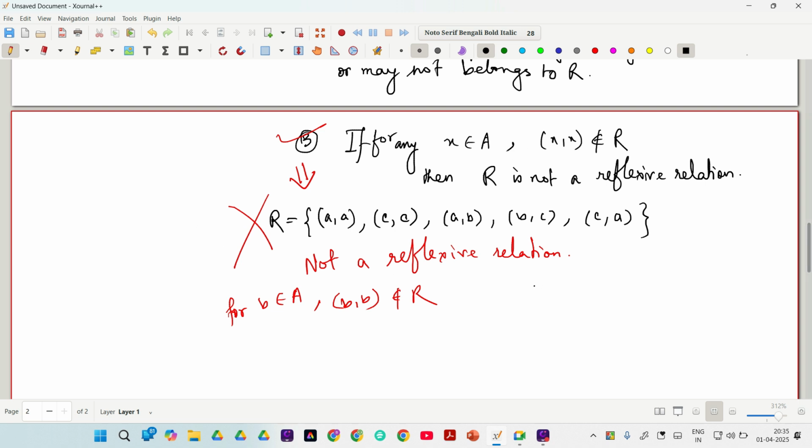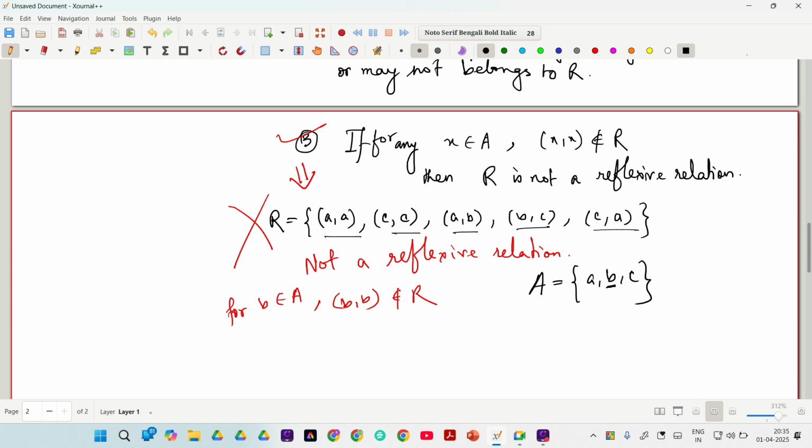Because see, the set A was a, b, c. A set has 3 elements, and amongst them b was an element, but we have constructed a relation R with the elements (a, a), (c, c), (a, b), (b, c), and (c, a).